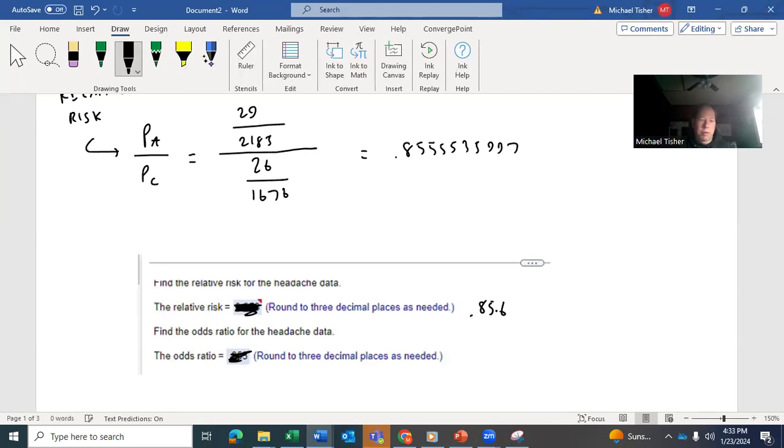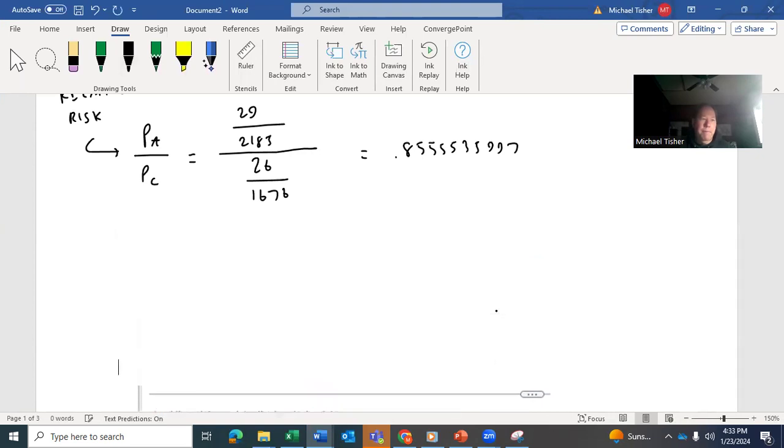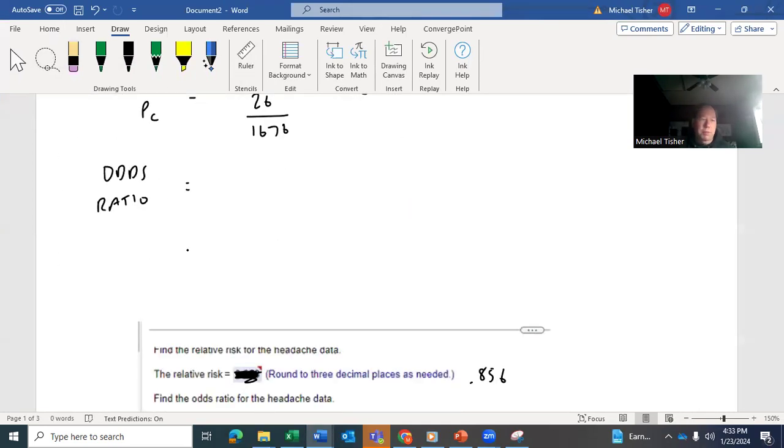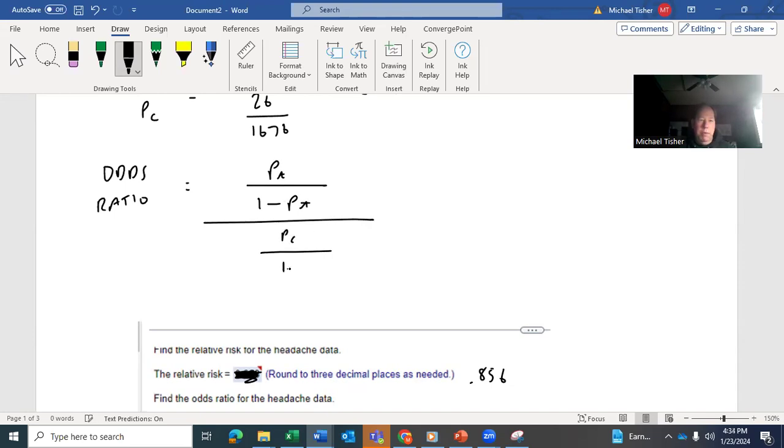All right, now the odds ratio. With the odds ratio, we have PT over 1 minus PT, and that's all over PC over 1 minus PC.